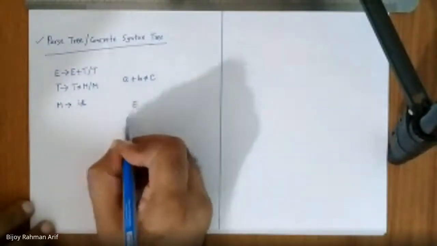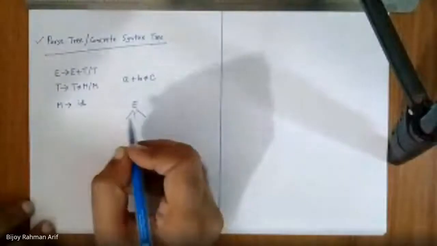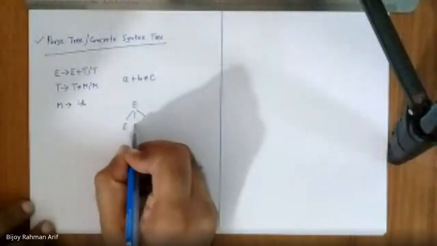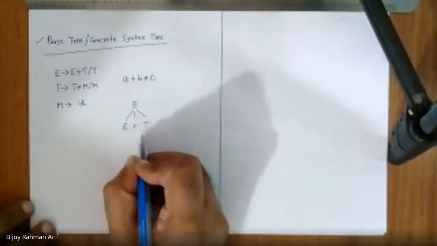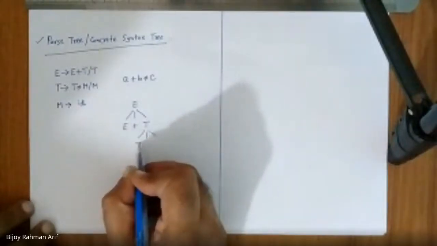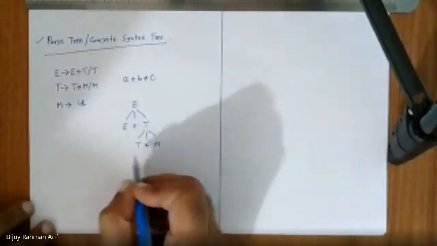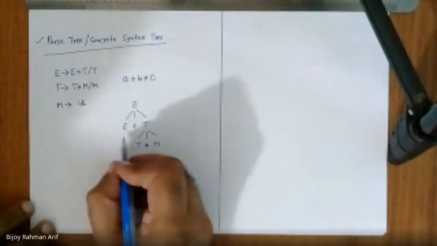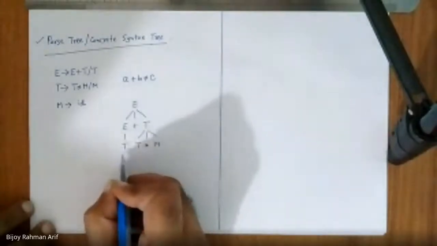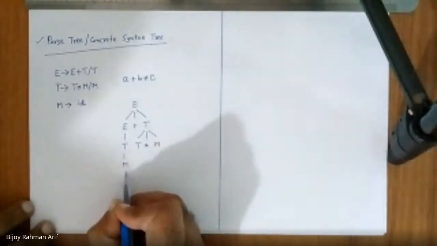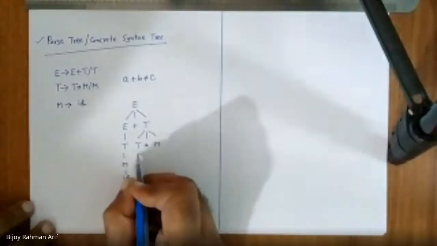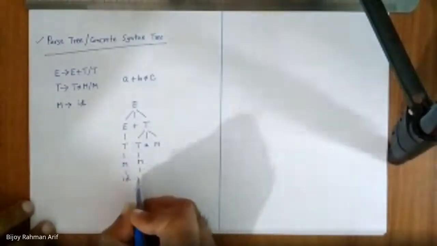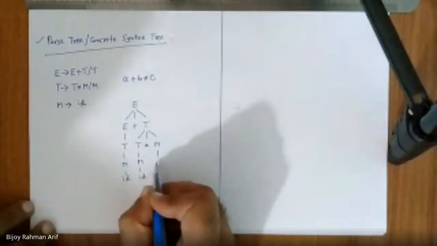E derives E plus T, derives T star M, then E derives T derives M derives ID, T derives M derives ID, M derives ID.